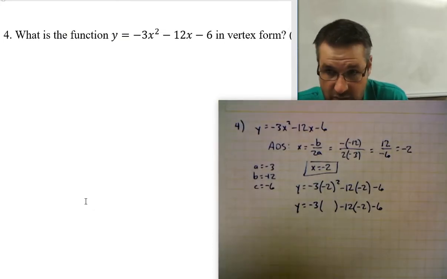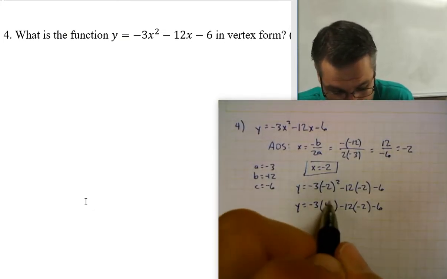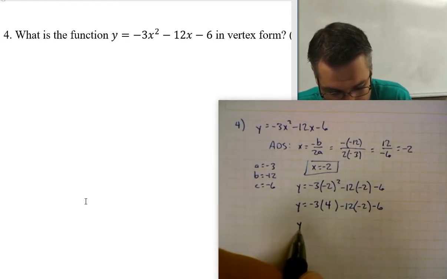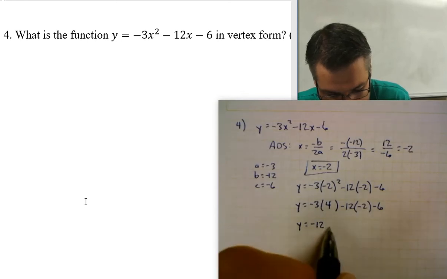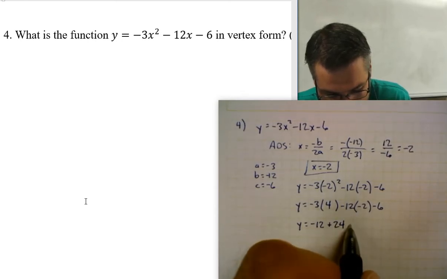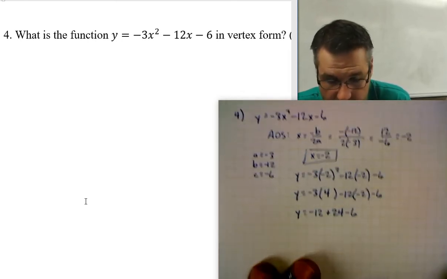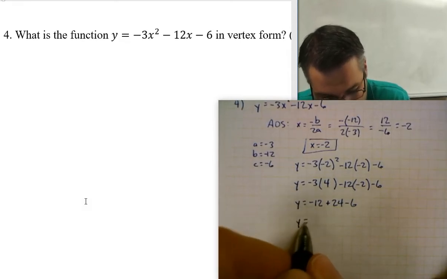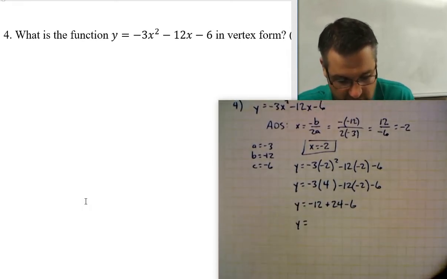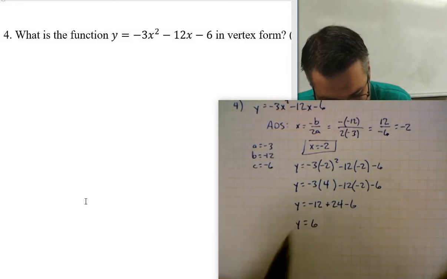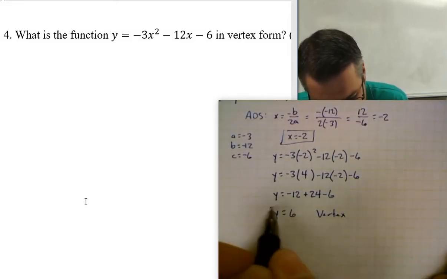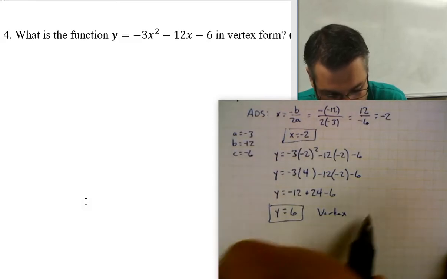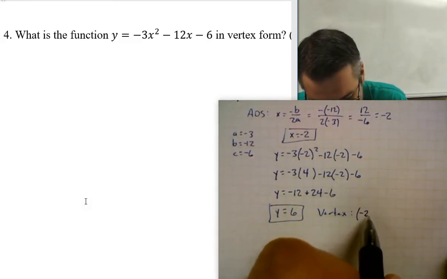Negative 2 squared is negative 2 times negative 2, which is positive 4. And then we can multiply. So negative 3 times 4 is negative 12. Negative 12 times negative 2 is positive 24, and then minus 6. And then simplifying that, negative 12 plus 24 is positive 12, minus 6 is 6. So then we would say that our vertex is the x and the y value. So that would be negative 2 comma 6.